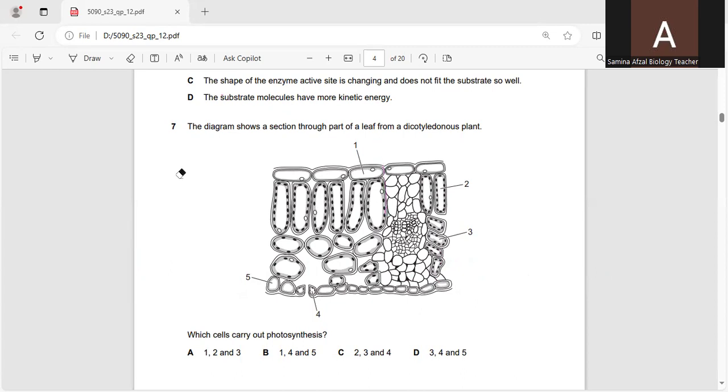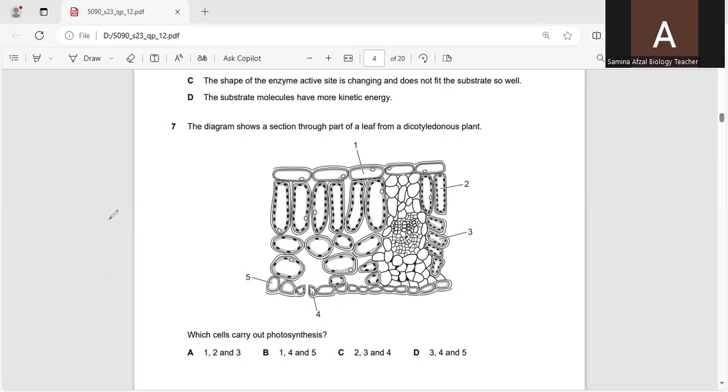You can see the options labeled 1, 2, 3, 4, and 5. We have to find out which cells carry out photosynthesis. Which cells carry out photosynthesis means where there is chlorophyll in the leaf, there will be the process of photosynthesis, meaning the green parts of the plants.